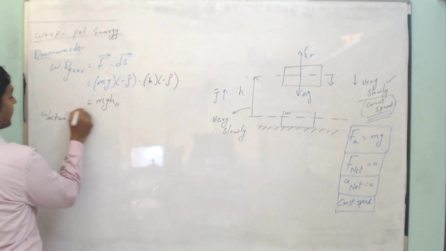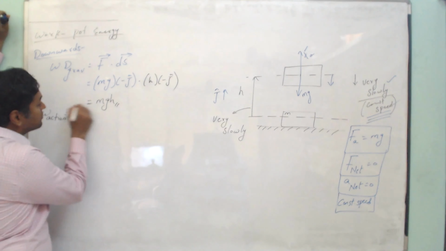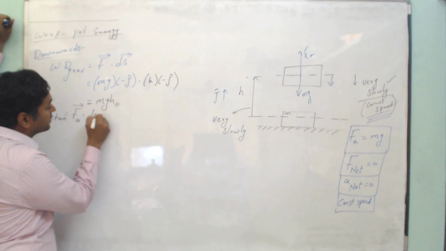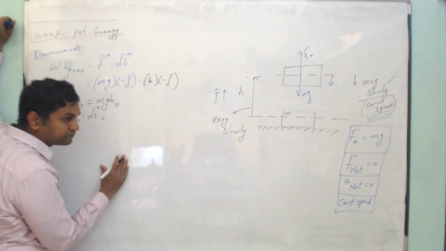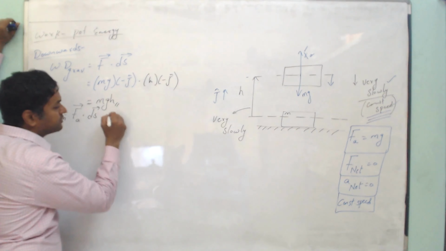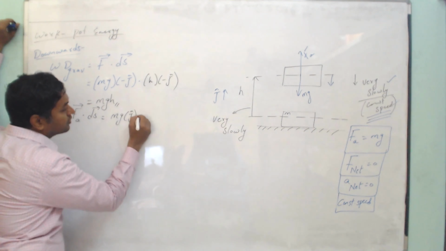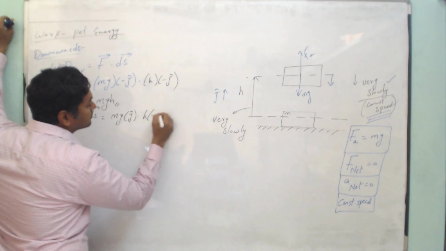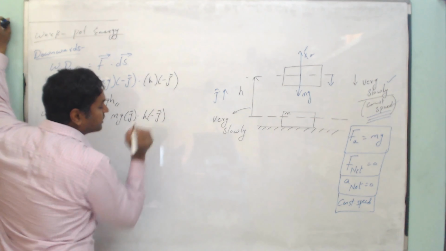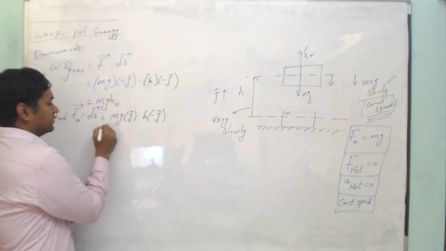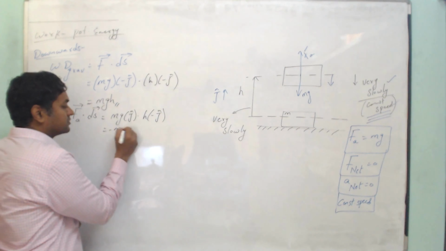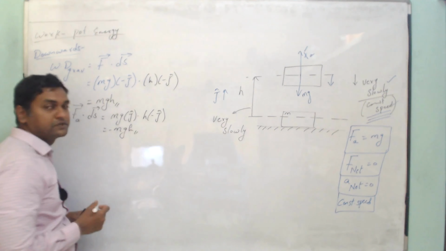Work done by my action force is Fa bar dot ds bar, correct? Fa is mg in the upward direction, j cap, while going downwards my displacement is h times minus j cap, correct? So this comes out to be minus mgh.